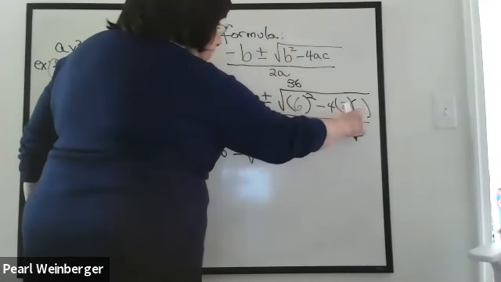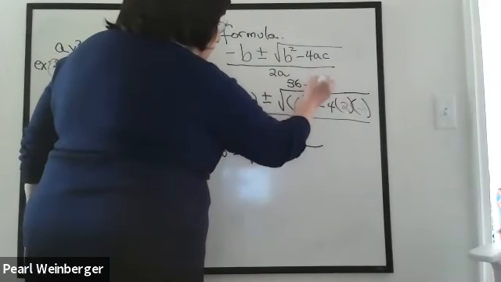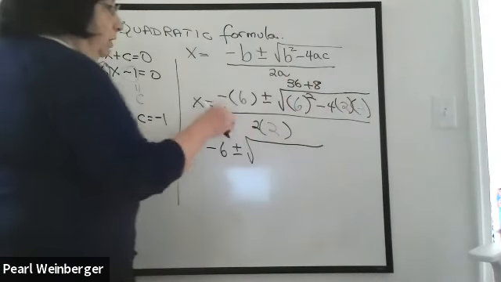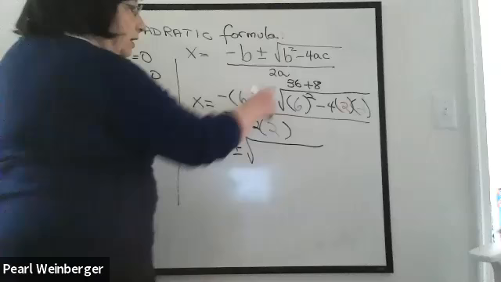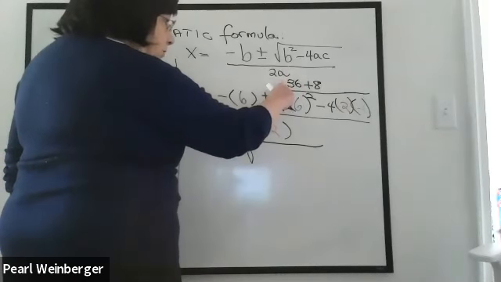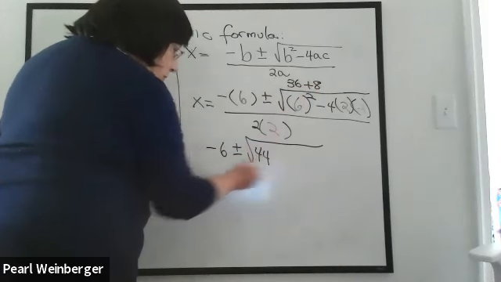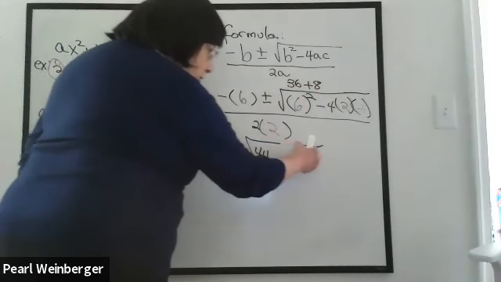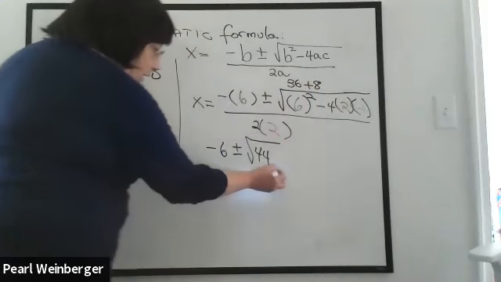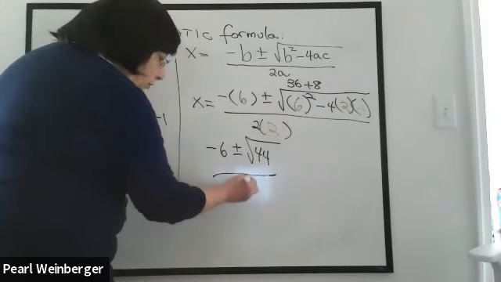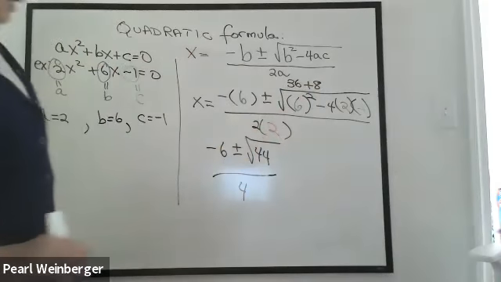And -8 times -1 is +8. Be very careful about your numbers, and especially the signs. Now I can add this. 36 and 8 is 44. And that's over 2 times 2, which is 4.